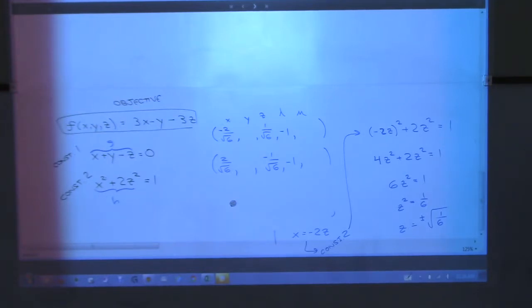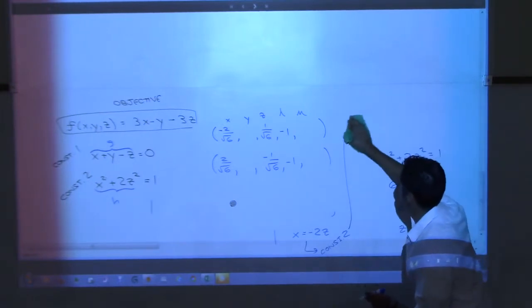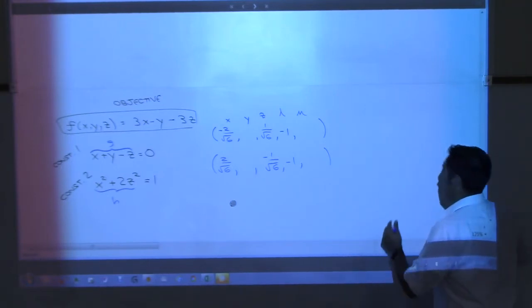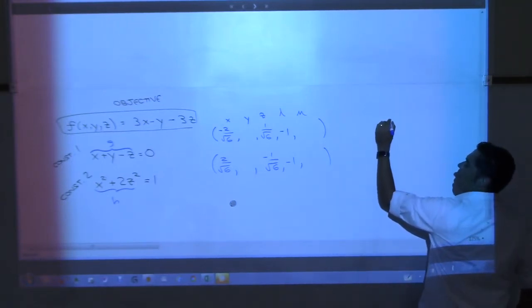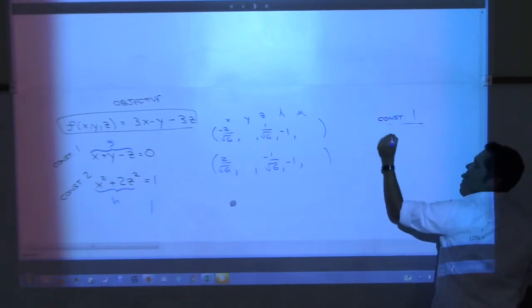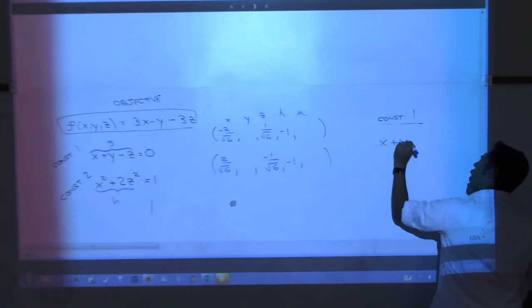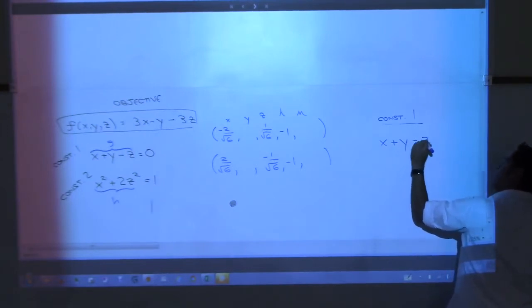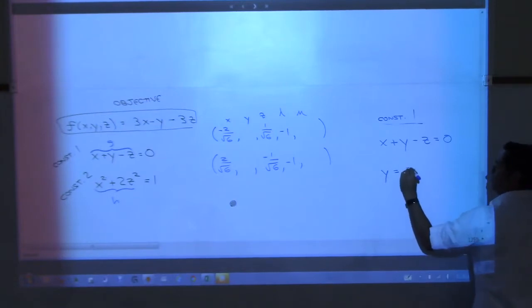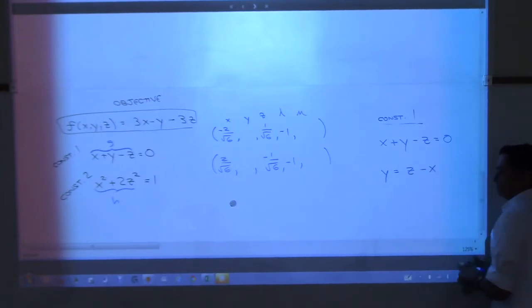Well, let's just get our y now. How are we going to get our y? What equation are we going to use? We're going to use the first equation. So let's go to constraint 1, sorry. Constraint 1 tells us that x plus y minus z equals 0. Another way you could write that is y is equal to z minus x.